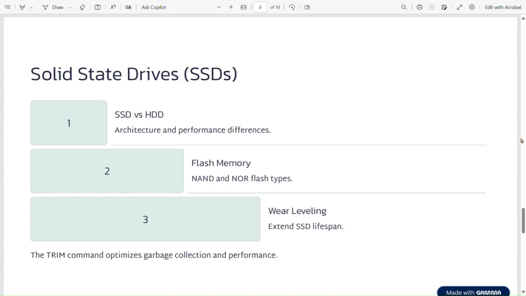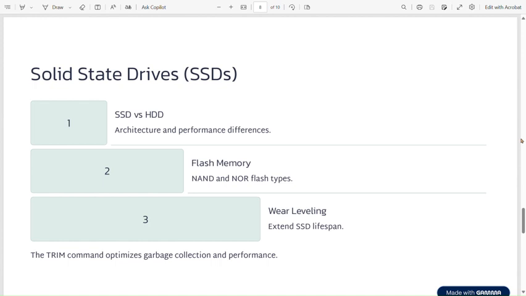The difference between SSD and HDD, which is hard disk drives, is that one uses flash memory to store data and the other uses mechanical spinning disks or platters to read or write data. HDD is slower than SSD and is more prone to physical damage but typically cheaper for higher storage capacities.